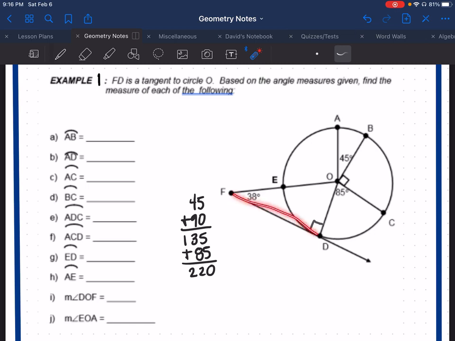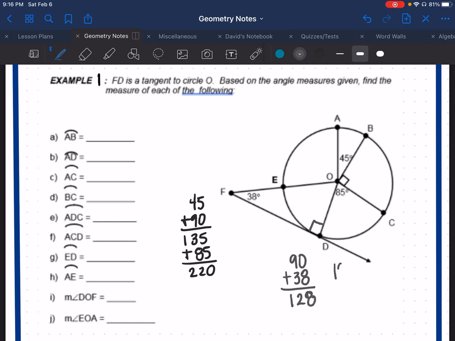Well, I can see that I have a triangle right here, and I know a triangle is 180 degrees. If I already know two of the angles of my triangle, I can find this third and final angle. So let's add together the 90 plus the 38. That would be 128.